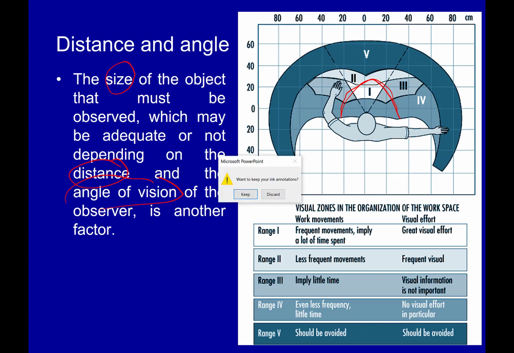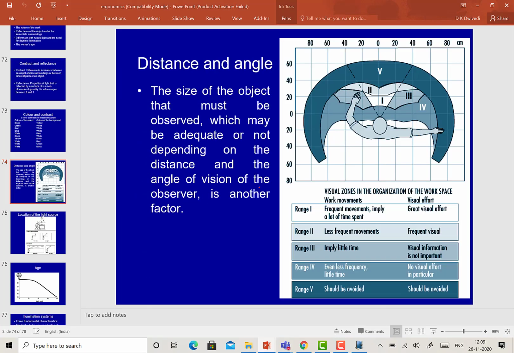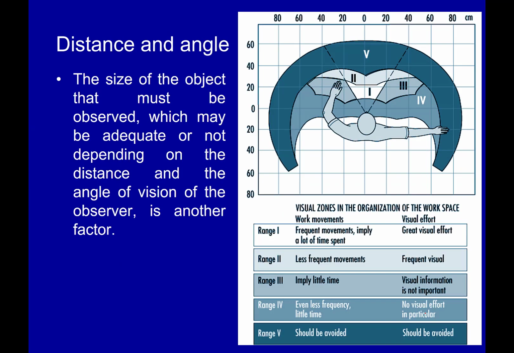What we are talking about here is considering the work movement, that is body movement and hand movement, and the kind of visual effort that is needed.